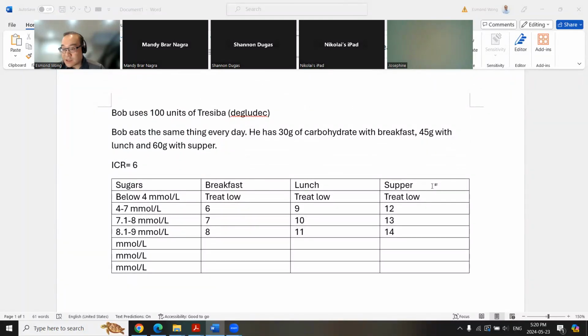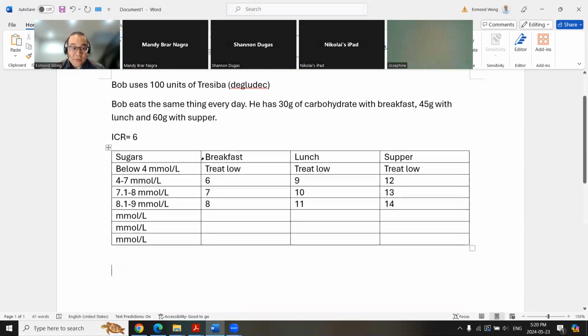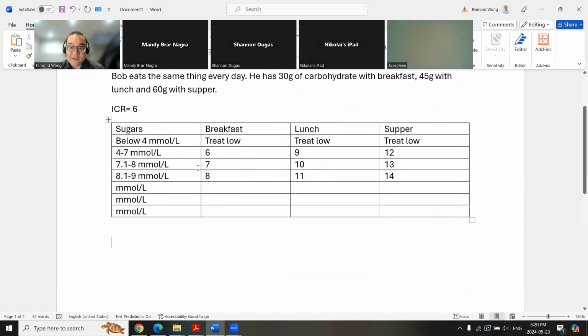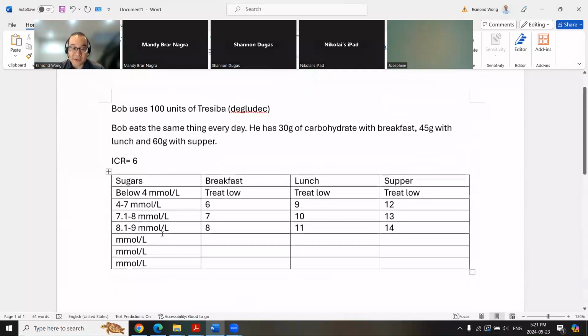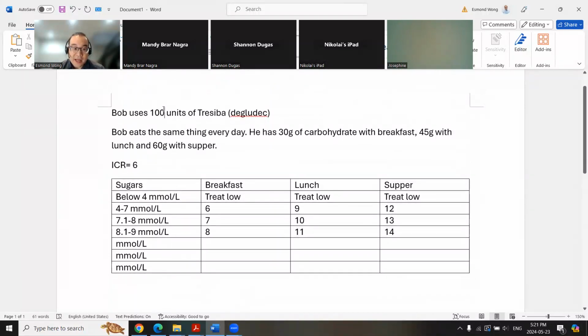Sure. So let's talk about that. A person's insulin sensitivity, you can get an idea about how much insulin they use. For example, if Bob uses 100 units of insulin, he's probably more insulin resistant than, say, Sally, who uses 10 units. So let's calculate the ratios for this and compare Bob versus Sally.